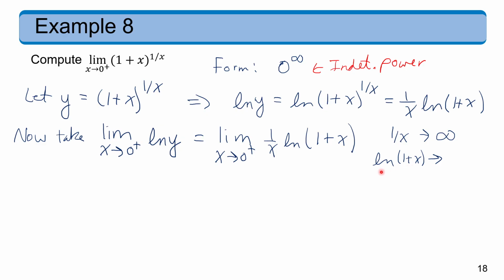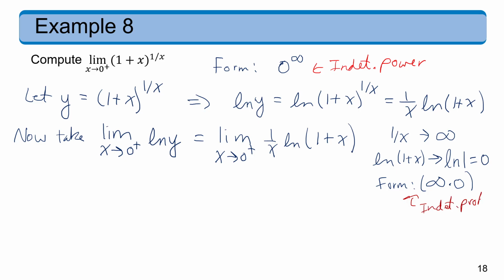Then, because log is continuous, this bigger expression will approach ln 1. But we all know that ln 1 is equal to 0. So we have a product where one of the factors is approaching infinity and the other is approaching 0. That is what we call the indeterminate product we discussed earlier.